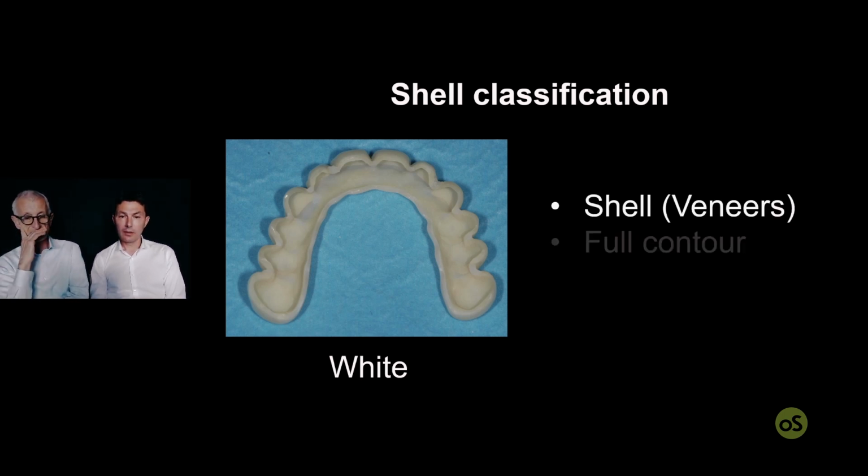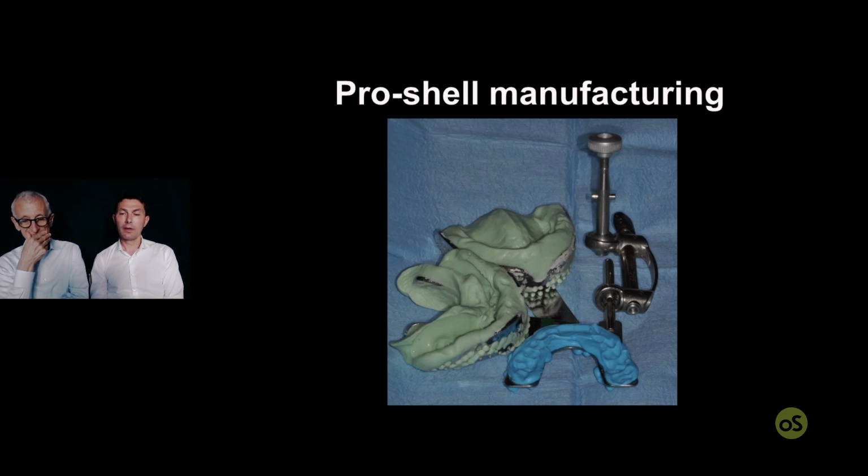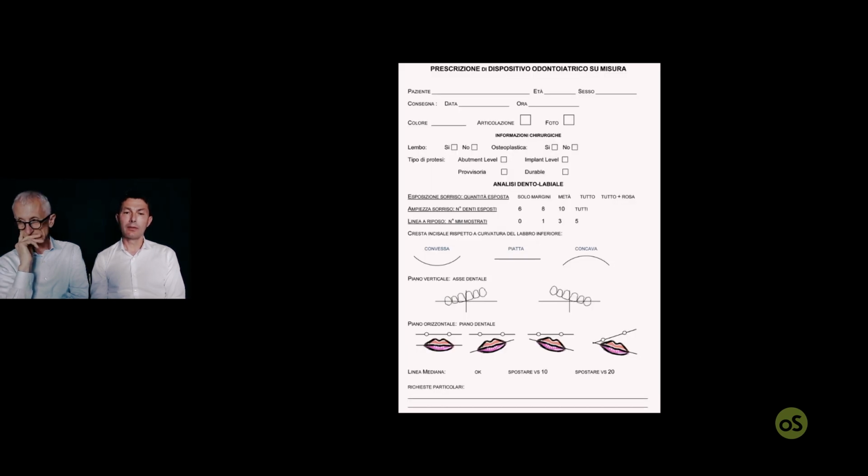Okay. In the first case, I show one full arch upper restoration and take the impression and develop the model. And also you have a lot of information in the paper. Sorry, but I think it's in Italian. And it's important for me to have the color.